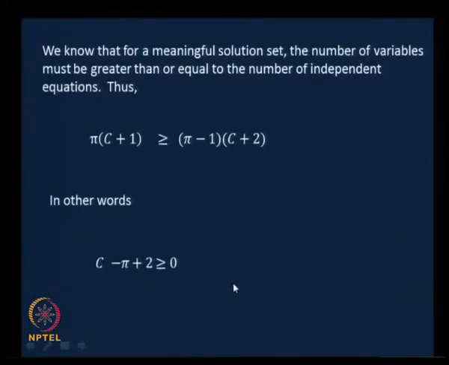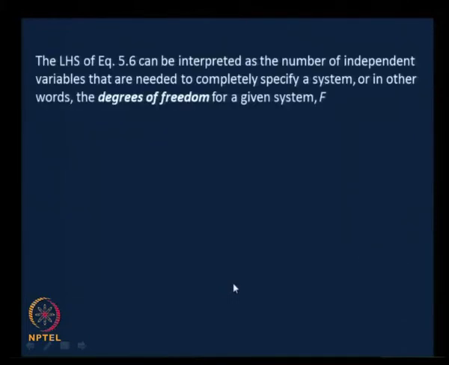That is essentially what this means, and this is what brought us to the concept of degrees of freedom. This is where it arises from. The degrees of freedom was C minus pi plus 2, which is nothing but the number of variables that are short in equating the number of variables to the number of independent equations available.